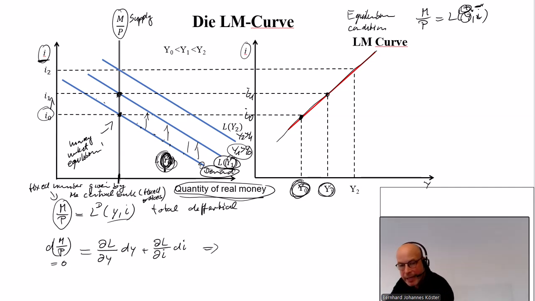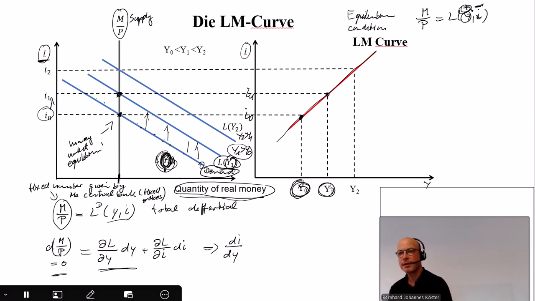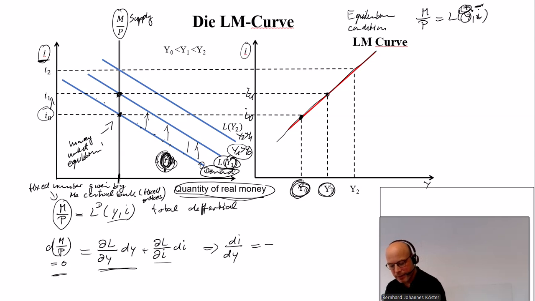Well, this we again solve for the dependence, the change of interest rates with respect to income. So this means we subtract this on both sides. Here we have the 0. So we obtain minus del L del Y times dy, so we obtain a minus sign. This is still on the right side. And then we are dividing through the change of income.